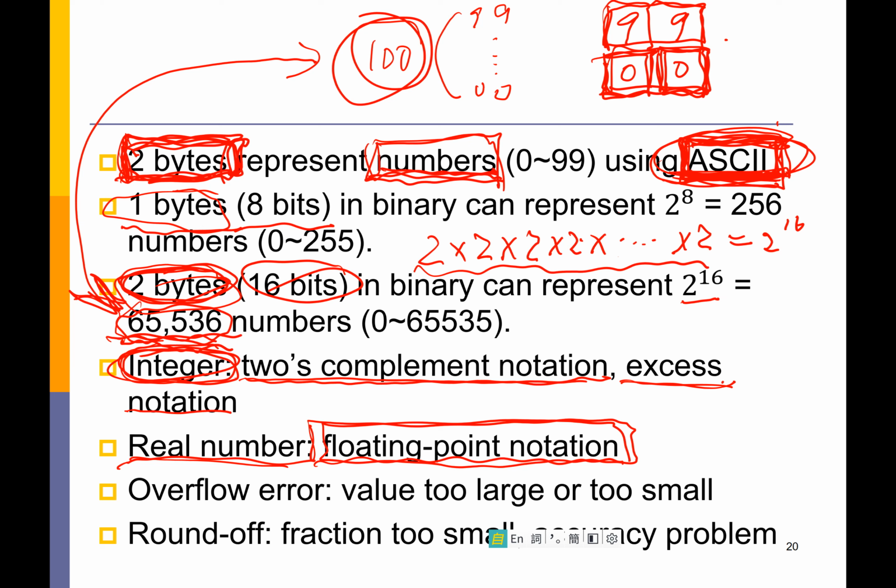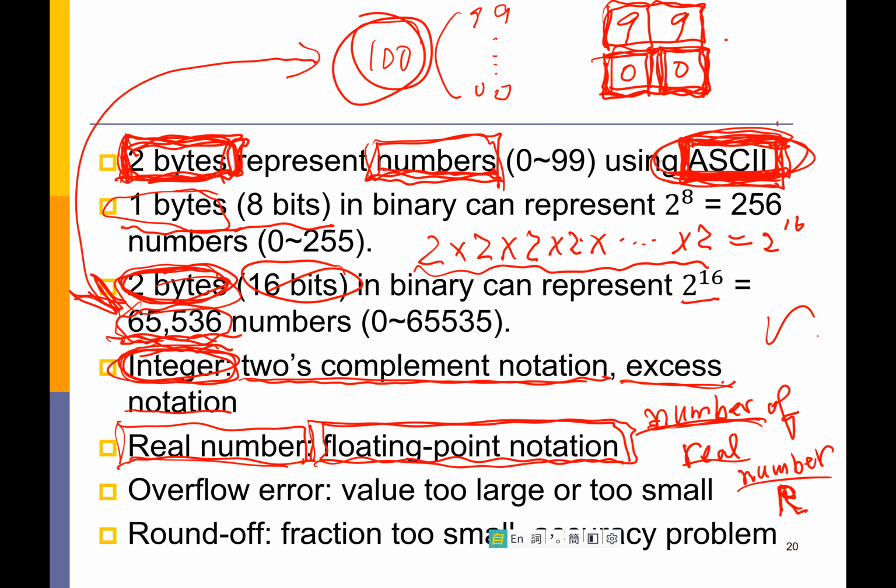The reason is that the set of real numbers in mathematics, commonly represented by big R, is infinite. How many real numbers do we have? We have infinitely many.